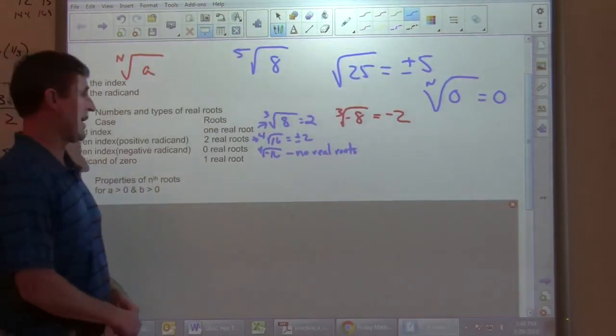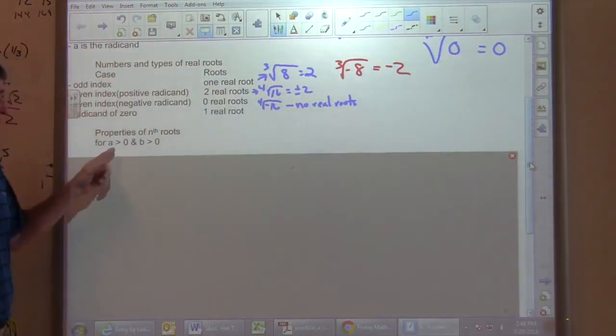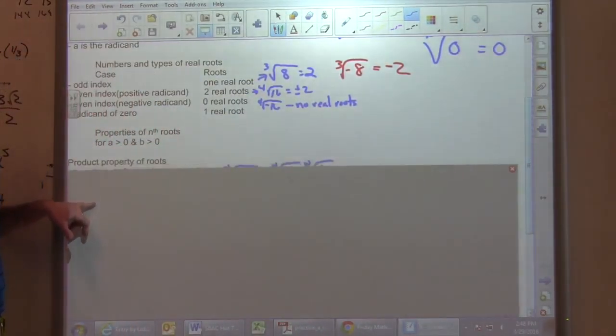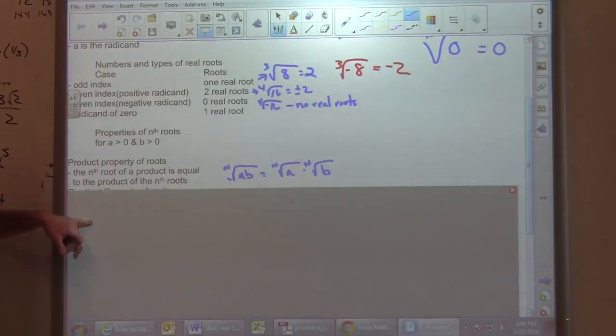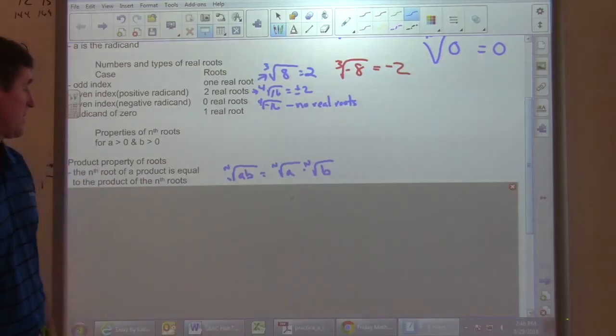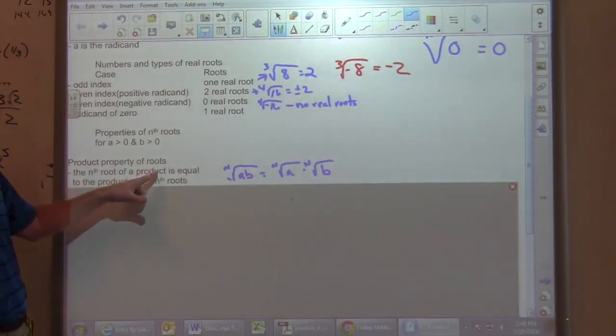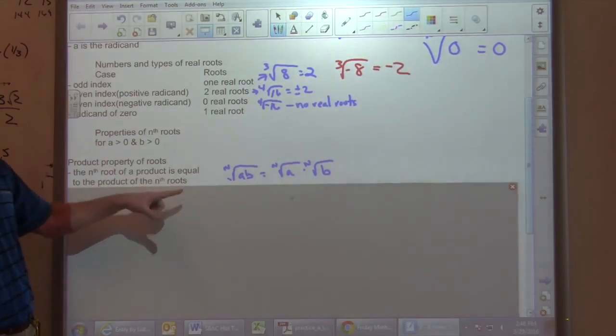Properties of nth roots, for a greater than 0 and b greater than 0. Again, we've done this before this year with square roots, but now it works the same with all of them. The nth root of a product is equal to the product of the nth roots.